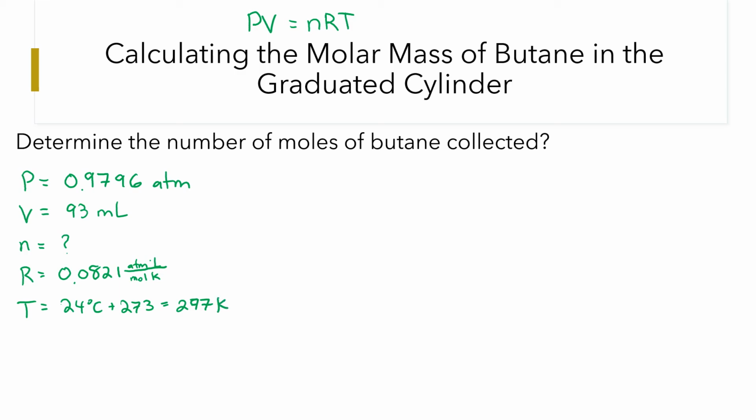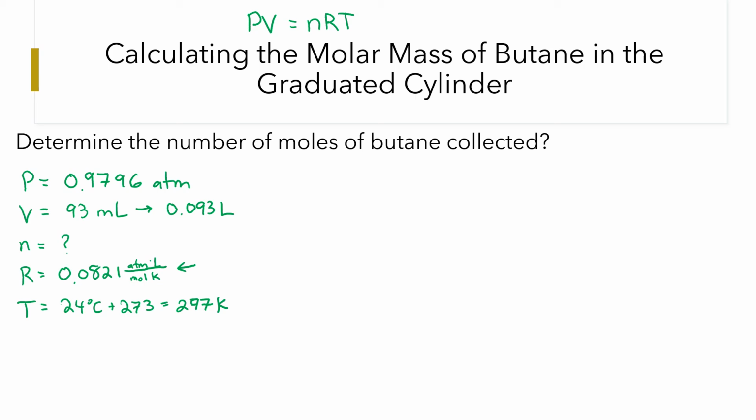So I need to convert any units that don't match the universal gas constant unit. So I have milliliters. I need liters. So I'm going to convert this to liters by moving the decimal place 3 places over to the left to get 0.093. And looks like everything else is good.